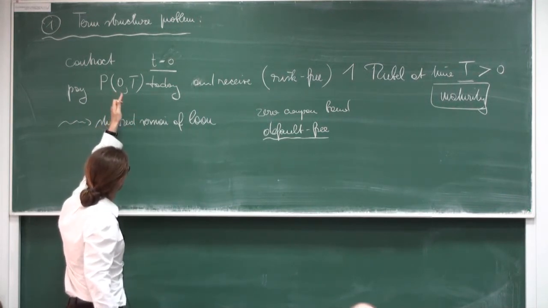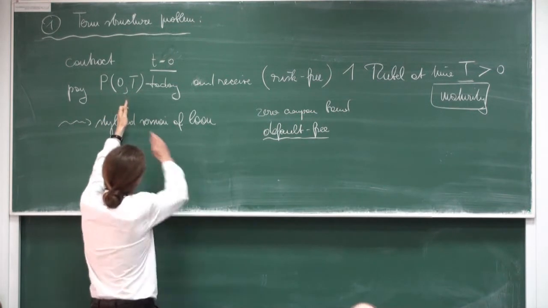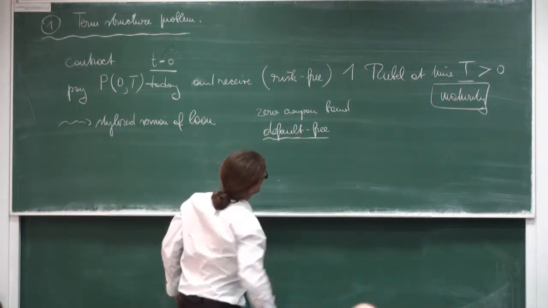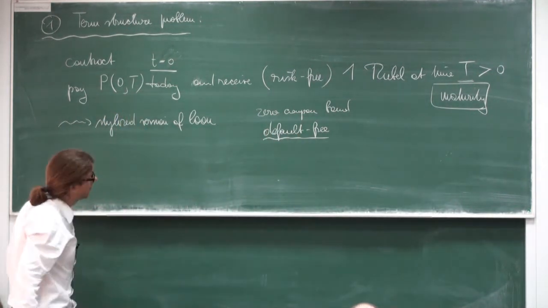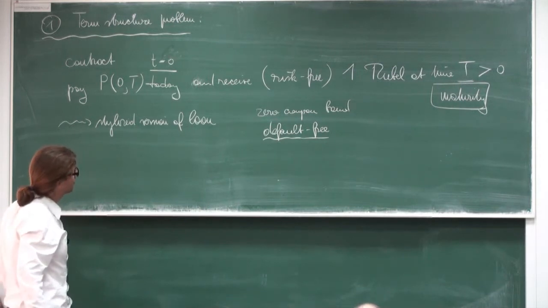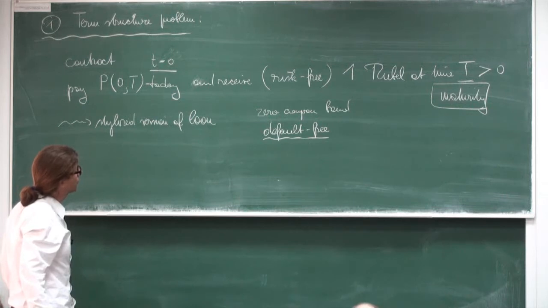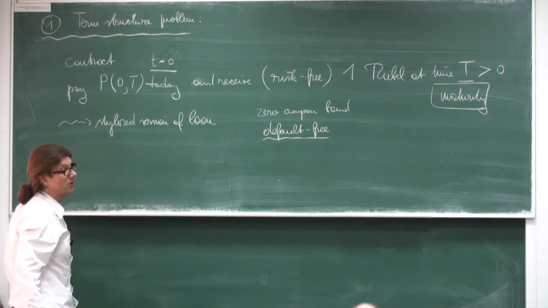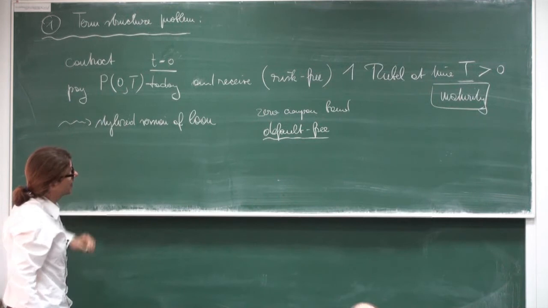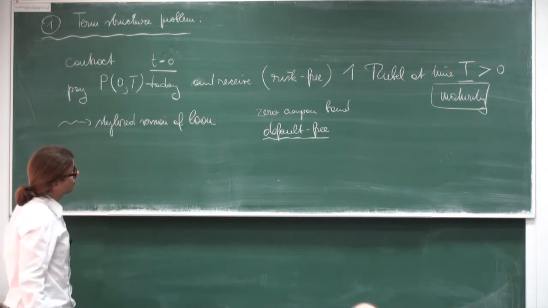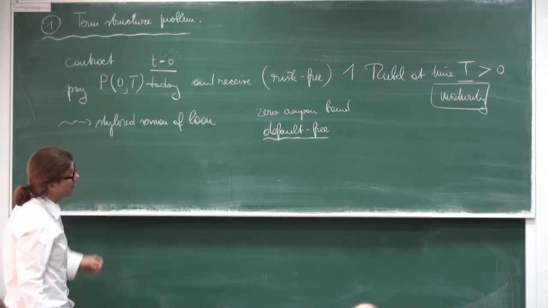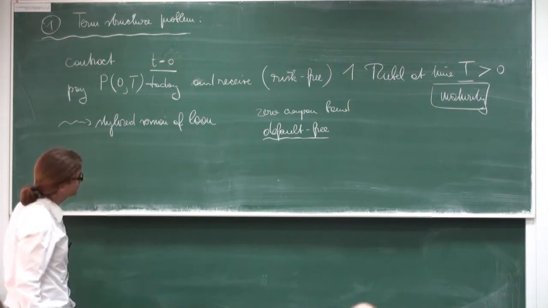So you pay today. In the meanwhile, nothing happens, and at the end you get 1 ruble back. Default free means that there is no risk that you do not get the ruble back because your entity to which you paid went bankrupt.